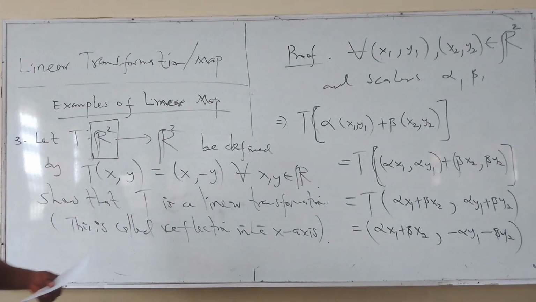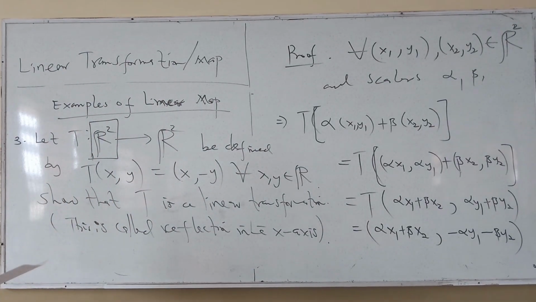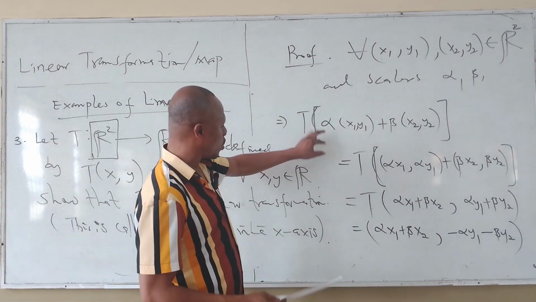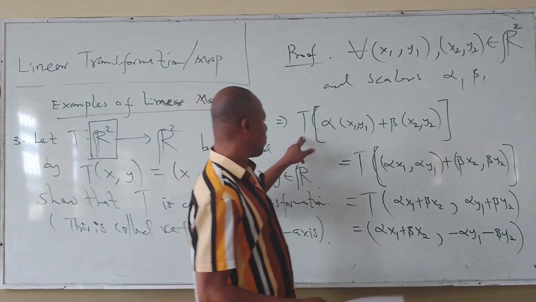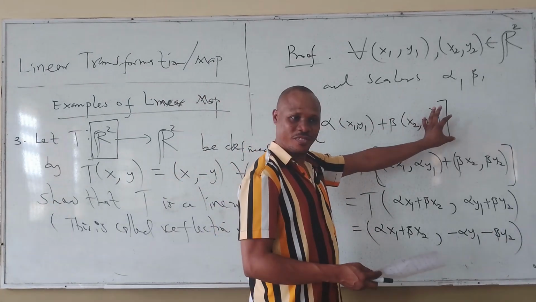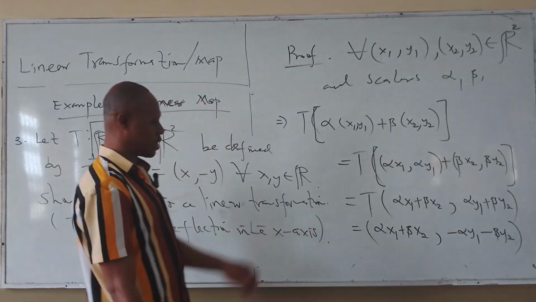That's true. Remember, I want to achieve that this is equal to alpha times T of the first component plus beta times T of this one. So that's what I want to achieve.